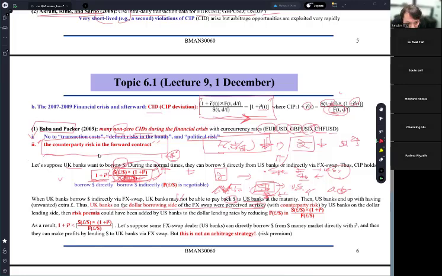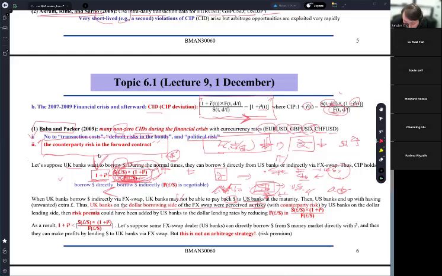So we can rationalize why we have this inequality during financial crisis. Why you have to pay higher interest rate when you borrow dollar indirectly using FX swap. So basically, you are not able to borrow directly. So if you want to borrow dollar, you have to pay the bigger interest rate by using FX swap.